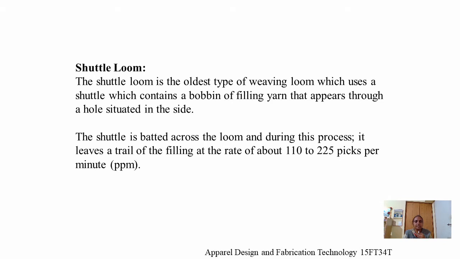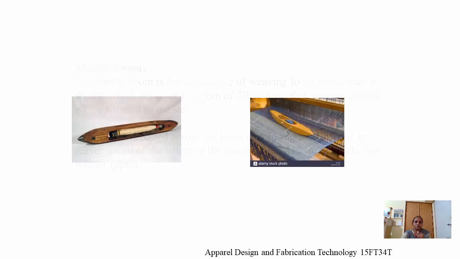So the shuttle is batted across the loom from front to back, inserting the weft yarns with the warp yarns. Per minute about 110 to 225 picks of the weft yarns are inserted.